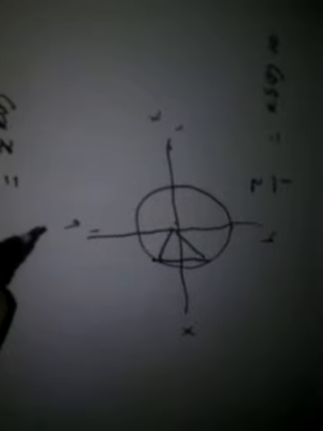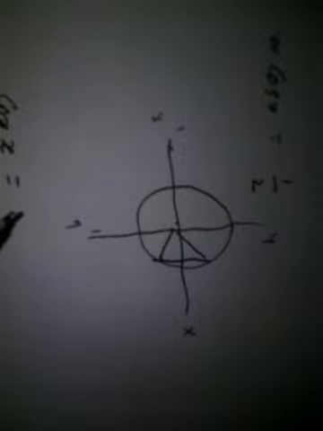So we can write cos x as 1 by 2, which is cos 60, that is cos pi by 3.